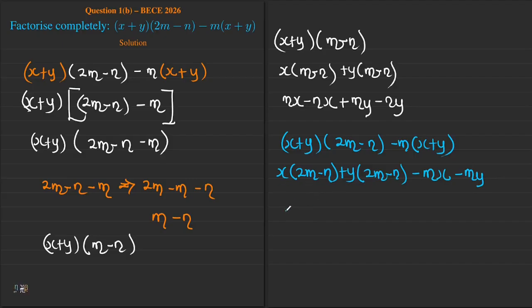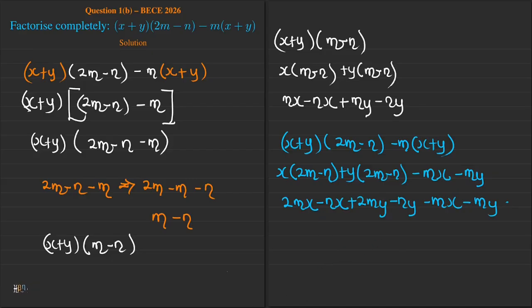So x times 2m gives us 2mx. Then x times a negative n gives us negative nx. Y times 2m gives us 2my. Then y times negative n gives us negative ny. Then we have our negative mx, negative my.